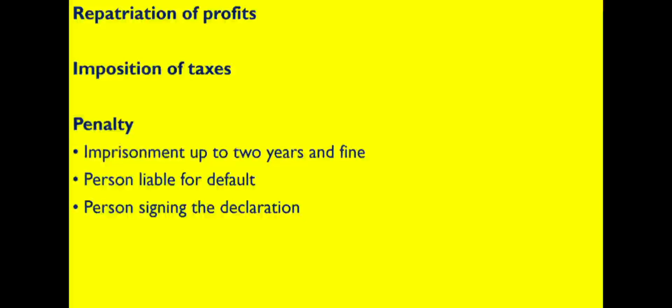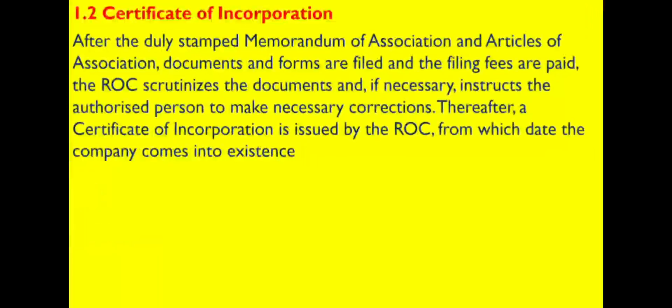Now let's talk about certificate of incorporation. After the duly stamped memorandum of association and articles of association, documents and forms are filed and the filing fees are paid, the ROC scrutinizes the documents and, if necessary, instructs the authorized person to make necessary corrections. Thereafter, a certificate of incorporation is issued by the ROC, from which date the company comes into existence.